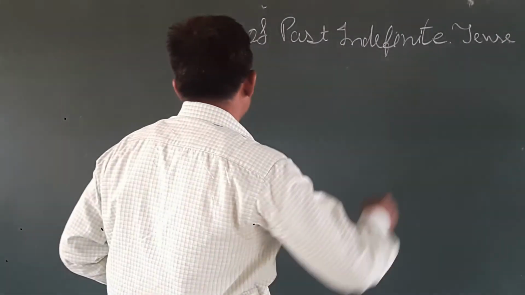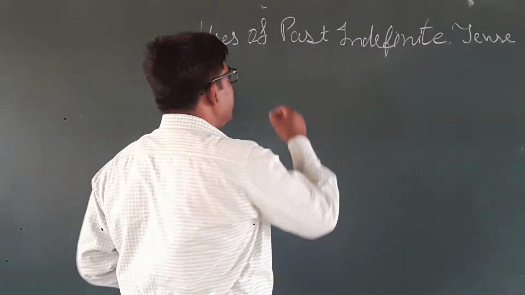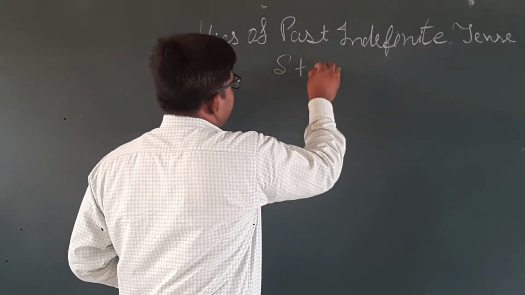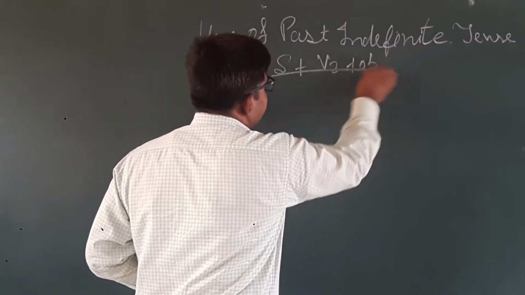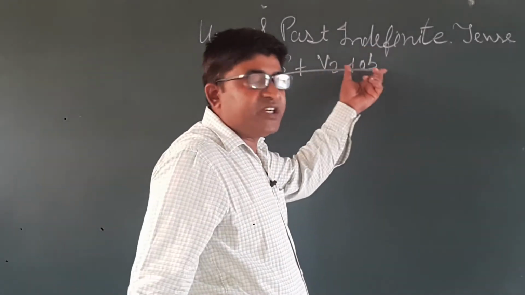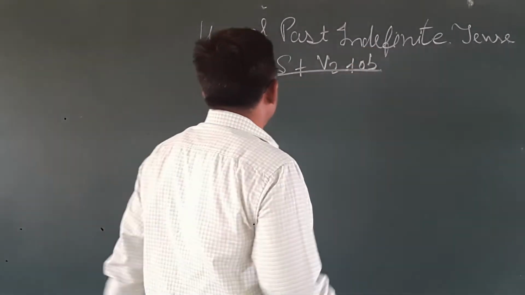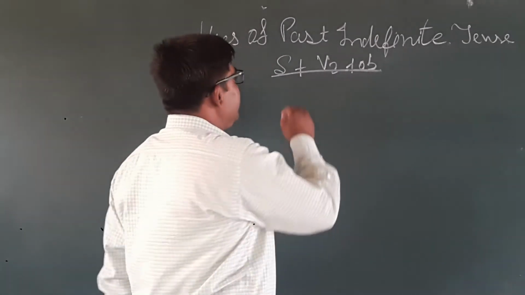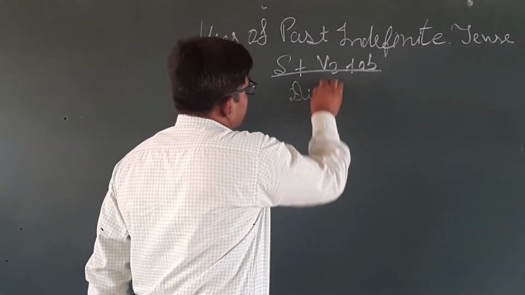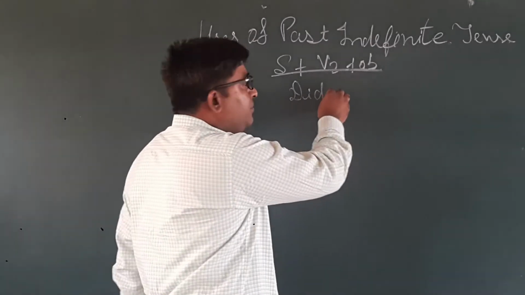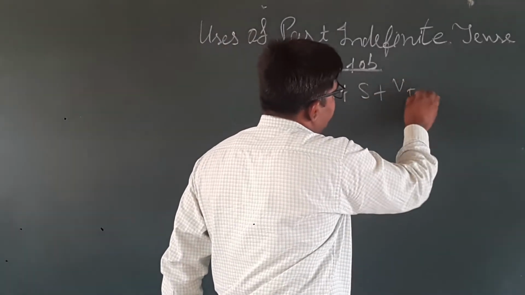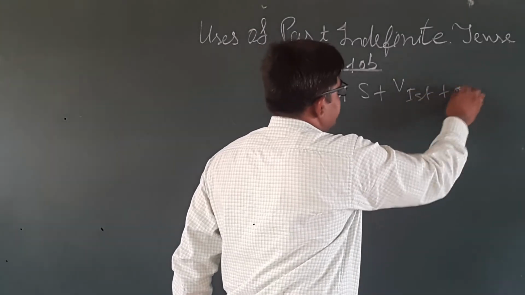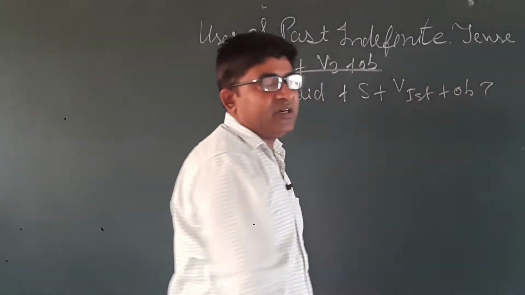Let us discuss. In a simple sentence it will be subject plus verb in second form, then object, a very simple structure. In an interrogative sentence it will be did as helping verb, then subject, then verb in first form, then object and the sign of interrogation.